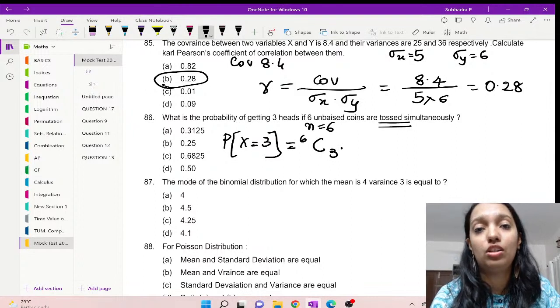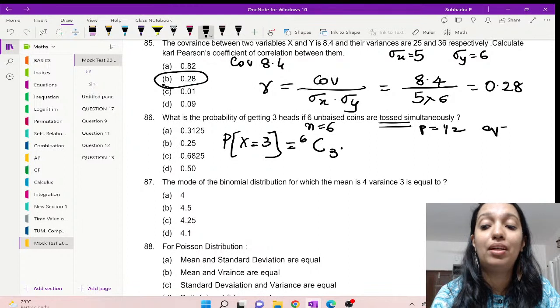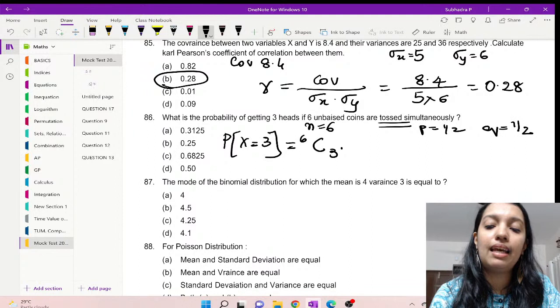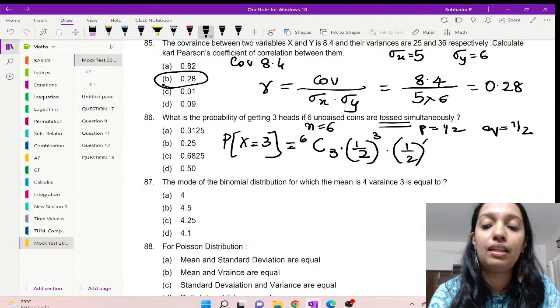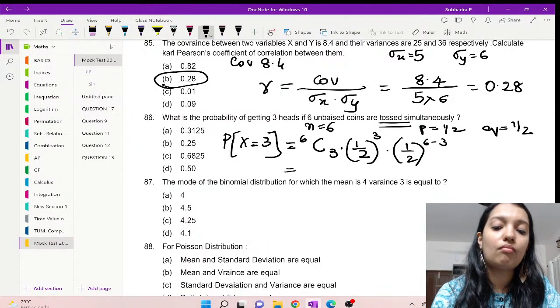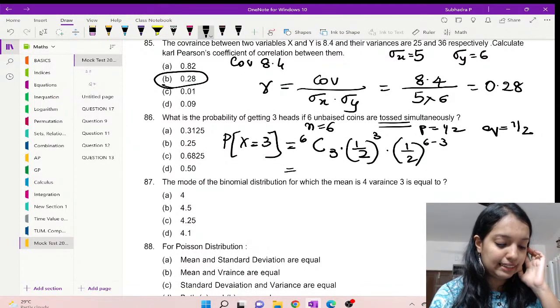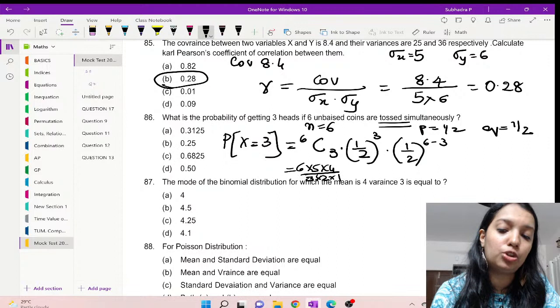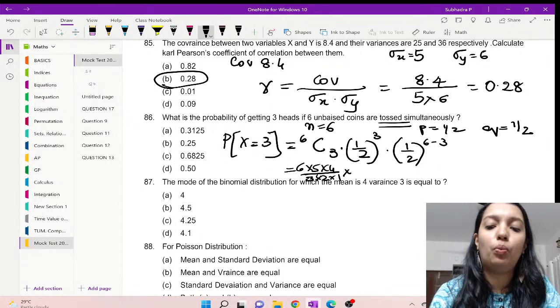Now in coin tossing, what will be the probability? Half. What will be the probability of losing? Half, either head or tail. So it is nCx into p power x into q power n minus x. Solve this. 6C3, 6 into 5 into 4 divided by 3 into 2 into 1, into 1 by 8 into 1 by 8.